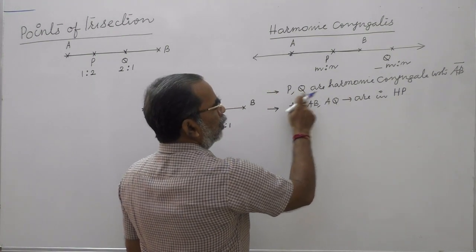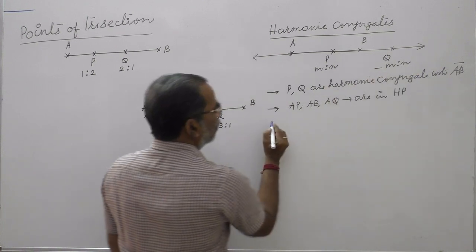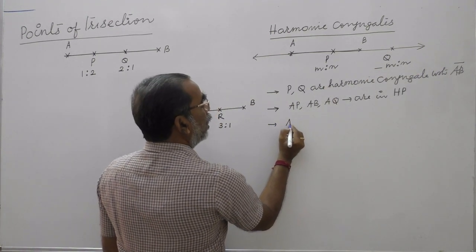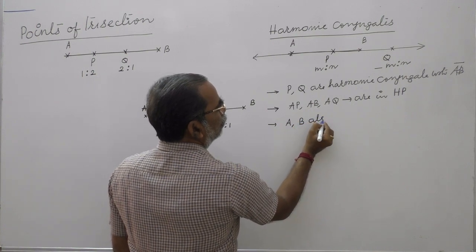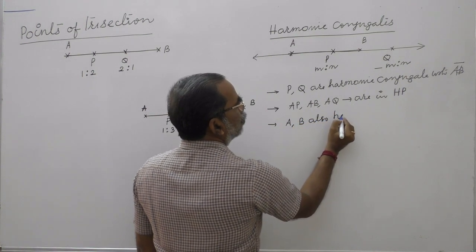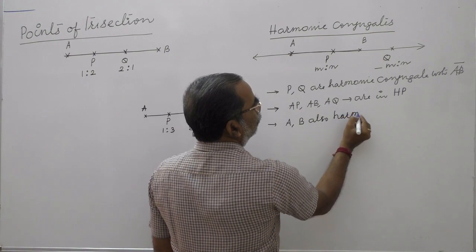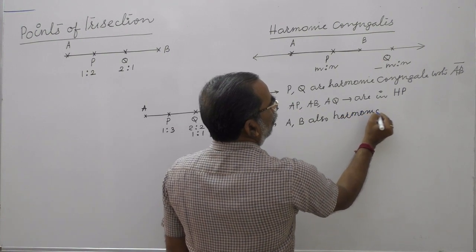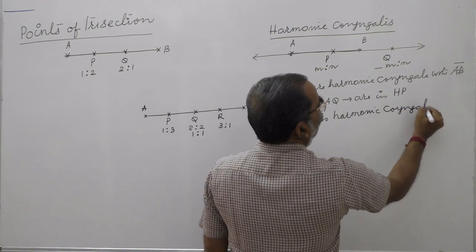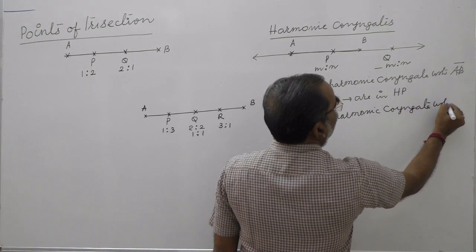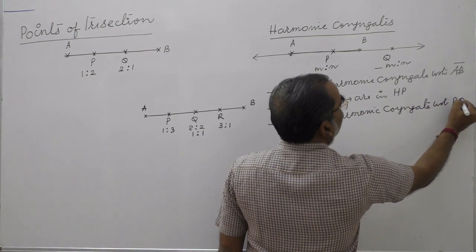If P, Q are harmonic conjugates of AB, then A, B points are also harmonic conjugates with respect to PQ line segment.